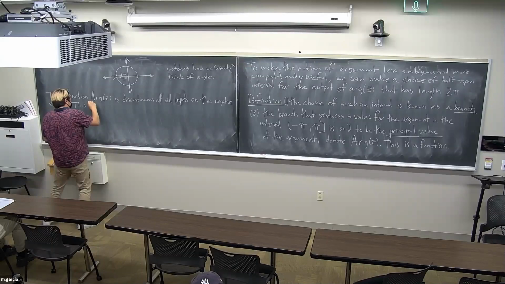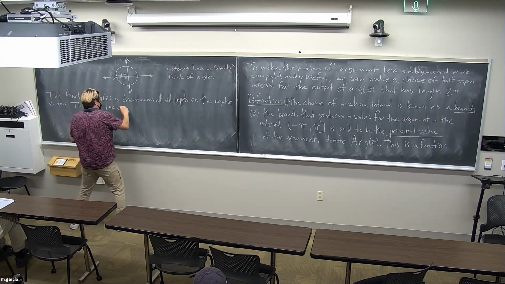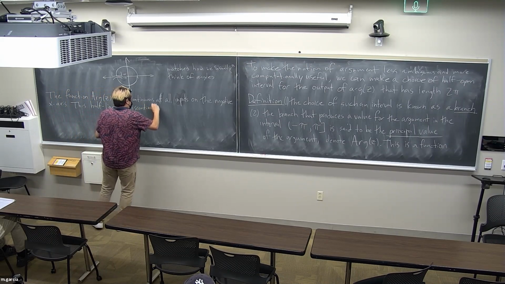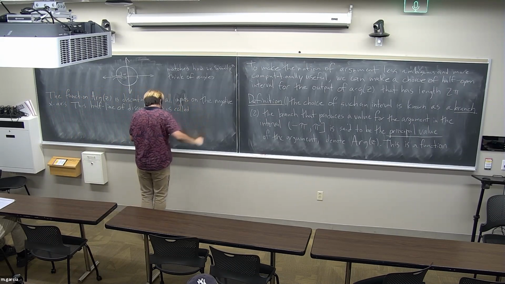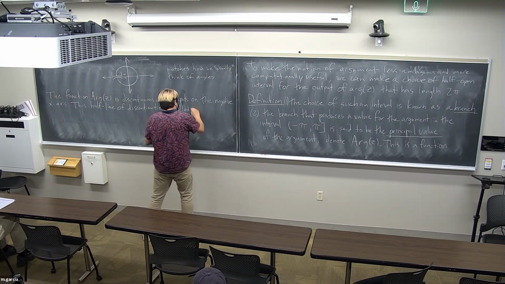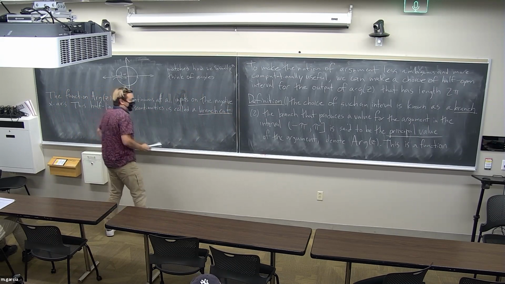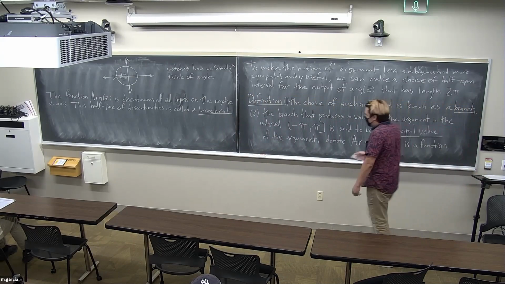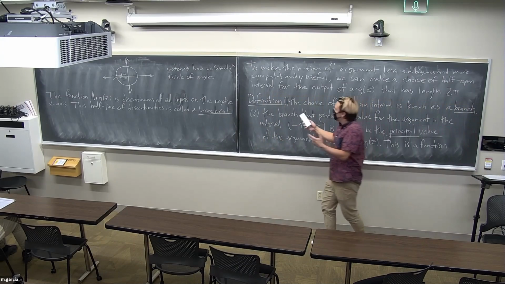This half line of discontinuities is called a branch cut. Okay, so let me just motivate why we call these branches and what we mean when we say branch cut.